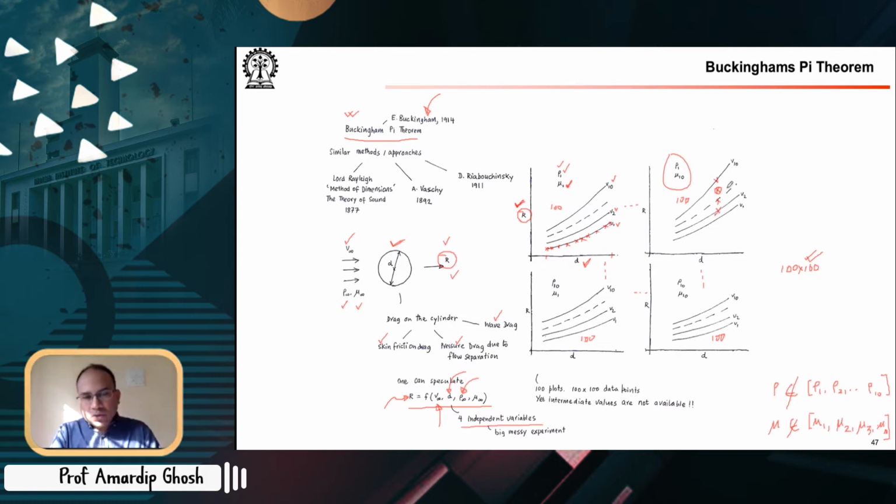So with so much effort, unless you are lucky enough that the requirement exactly falls on one of these plots that you have, this enormous amount of effort is actually quite useless. So we say 100 plots, so 100 into 100 data points, yet intermediate values are not available.